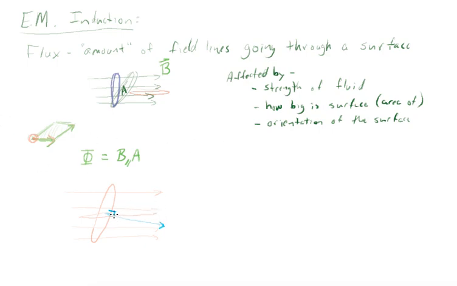But if this is our line that's parallel to the field, right? Not a field line, but just a line that's parallel to that field, then the angle between them is that angle right there. It's the angle between the field lines and the line perpendicular to the surface. And since that is the direction of the surface, then we're saying B has to be parallel to A.